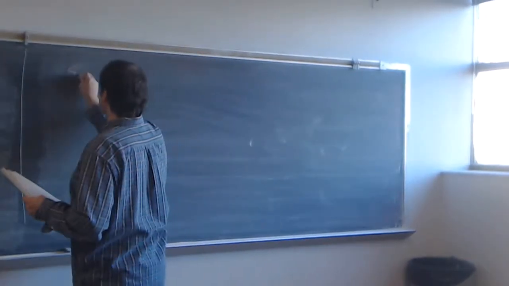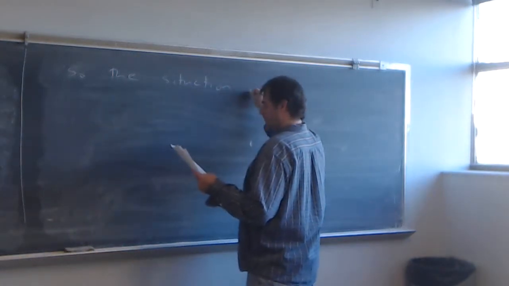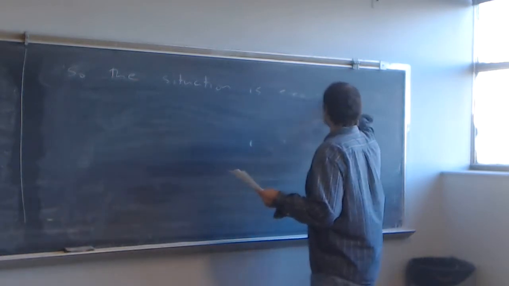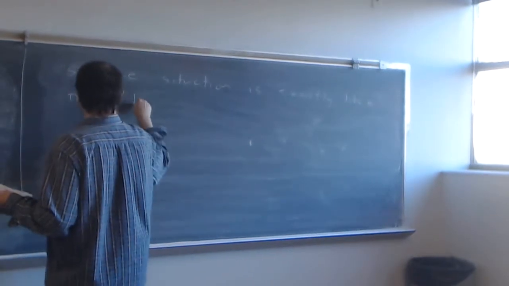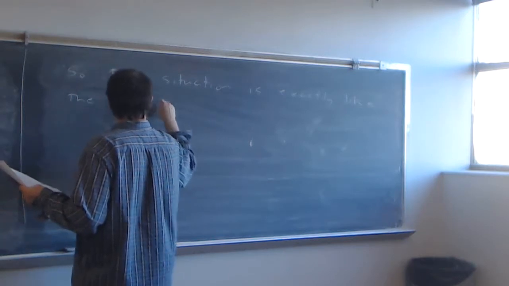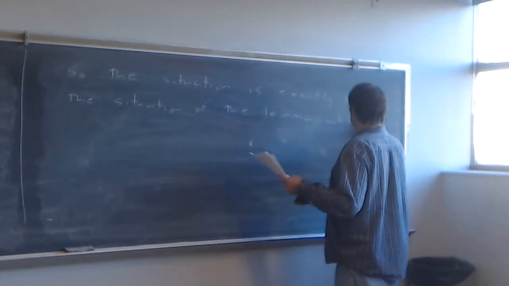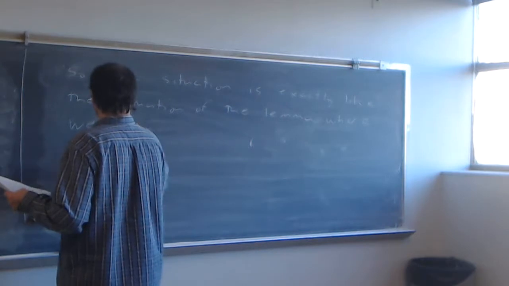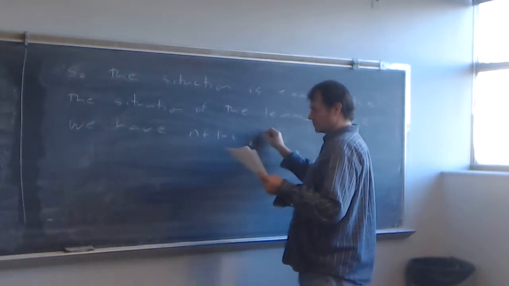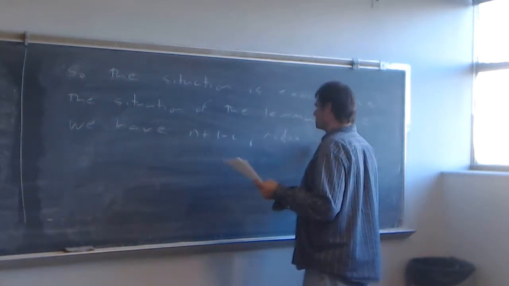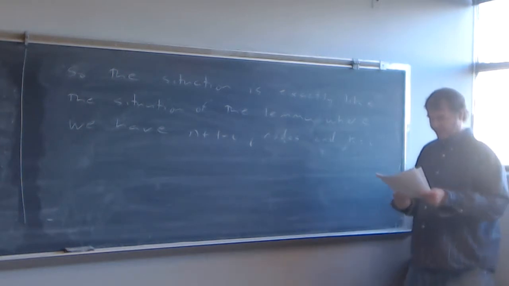So the situation is exactly like the situation of the lemma, where we have n plus 1 minus I nodes, and k is equal to I, the number in the new supernode, if you will.